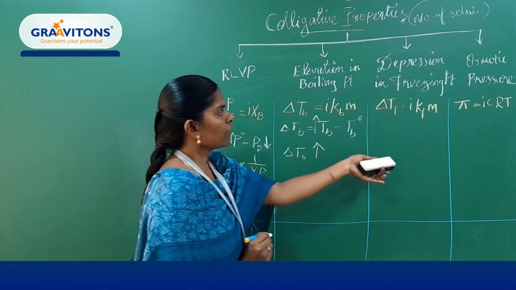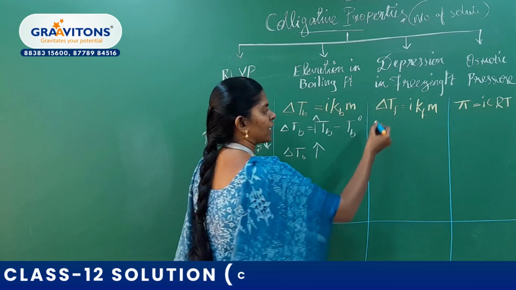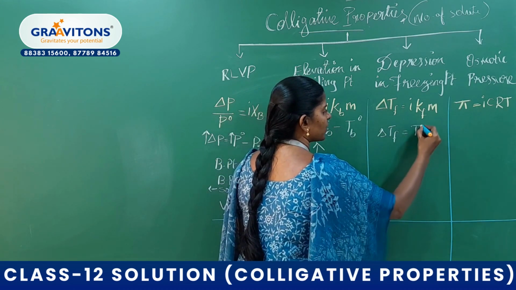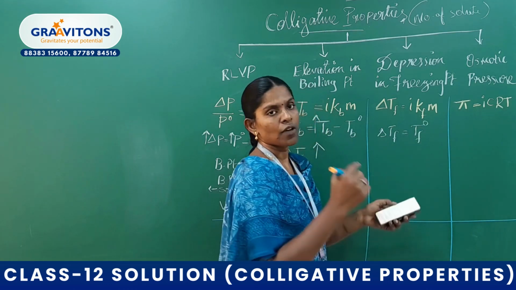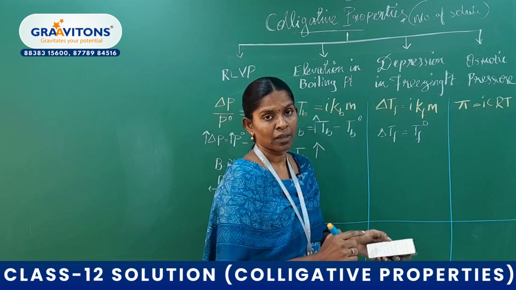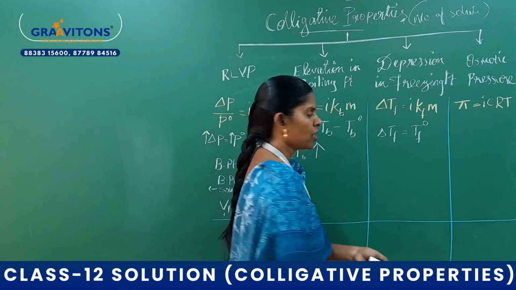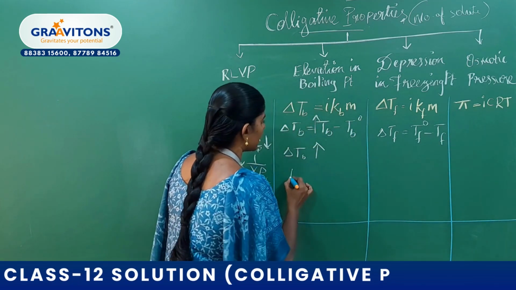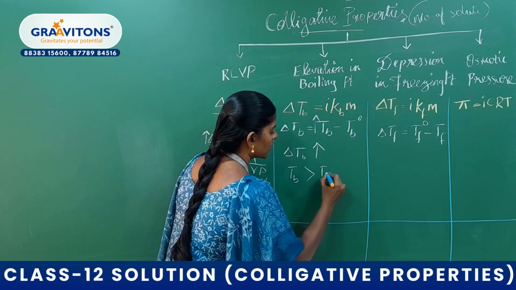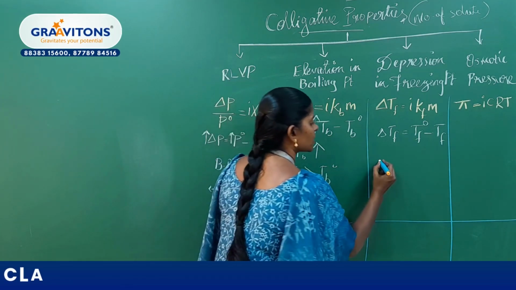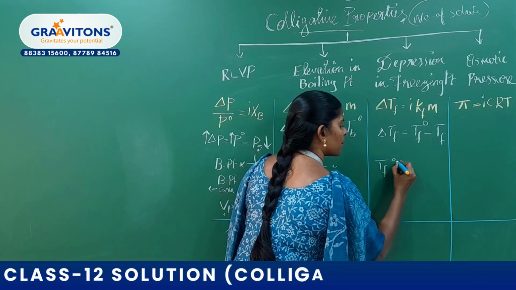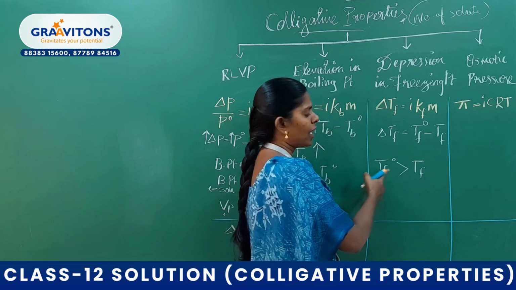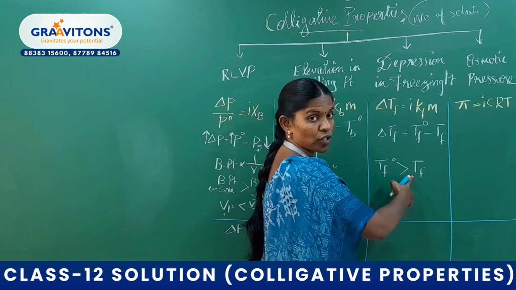If we move to depression in freezing point, delta TF is expanded as TF naught minus TF. The freezing point of solvent is always greater than the freezing point of solution. Here TB is greater than TB naught, whereas in this case TF naught, the freezing point of pure solvent, is greater than TF, the freezing point of solution.